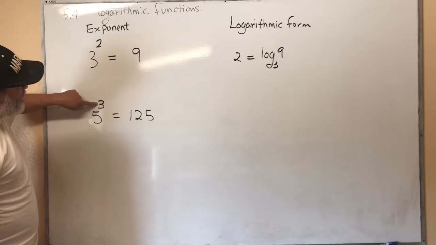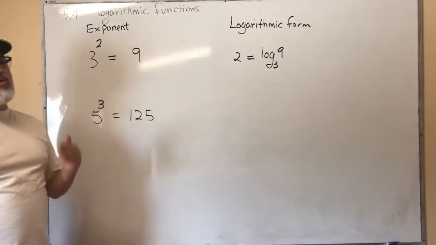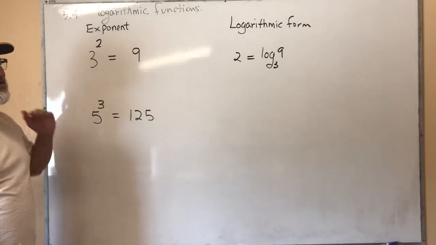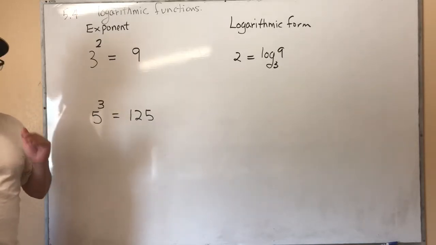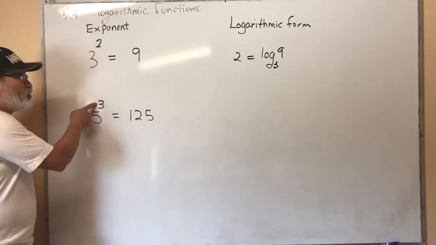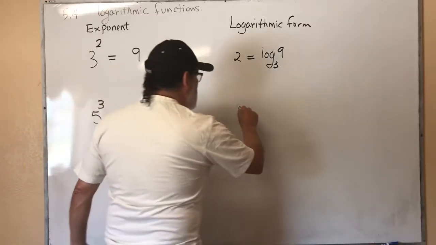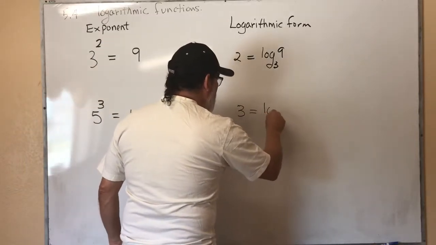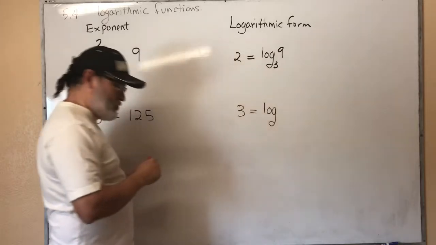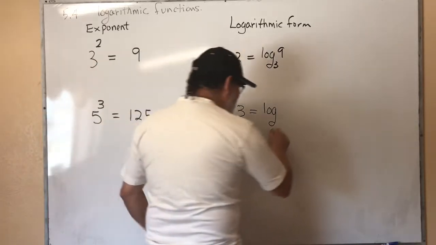Between the 3, the 5, and the 125, which one is a logarithm? The 3. 3 equals a logarithm. This 5 is the base.